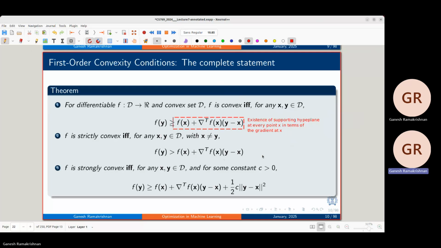The supporting hyperplane is at point x, but you have to show that this supports at x, which means for any other y, f(y) is greater than or equal to f(x), and so on.